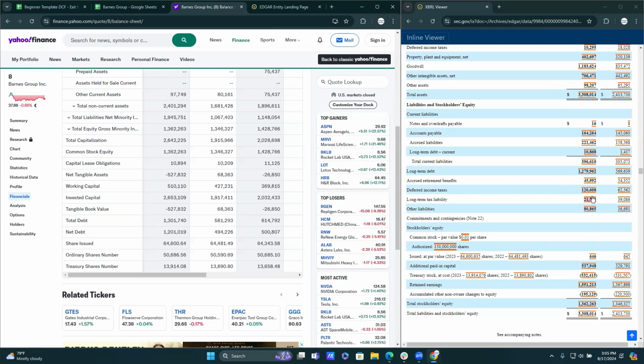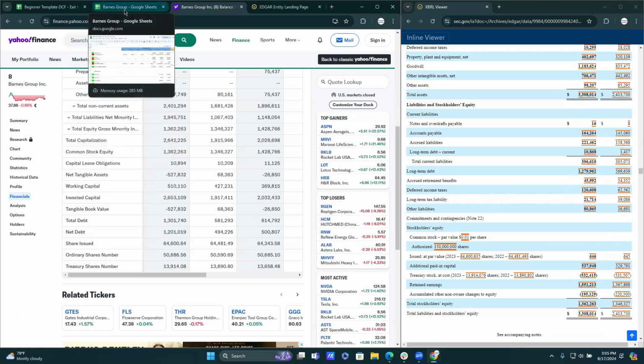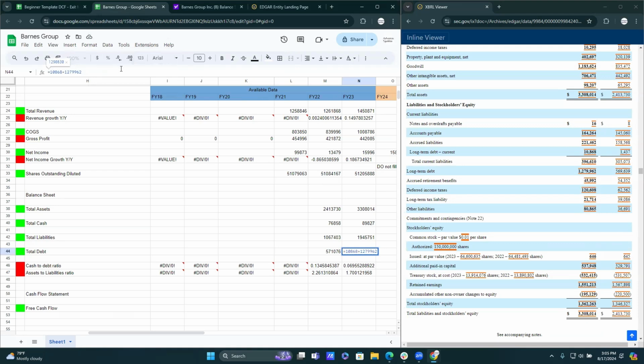Yahoo's not perfect. They kind of copy and paste and don't really look over everything all the time. We can try this tax liability, maybe. That might be a part of that. 2170. No, it doesn't look like it. So I think Yahoo might have missed something, or I may be missing something.